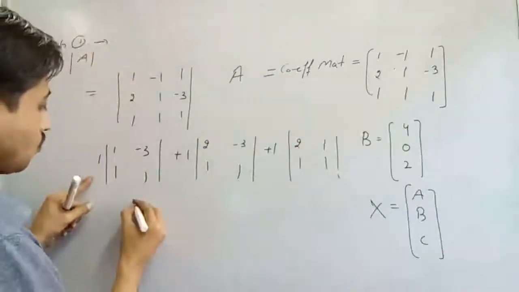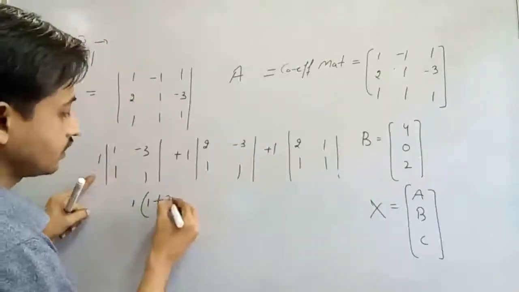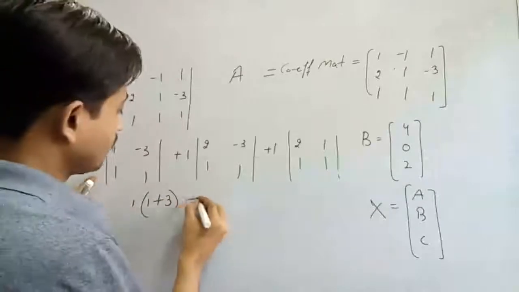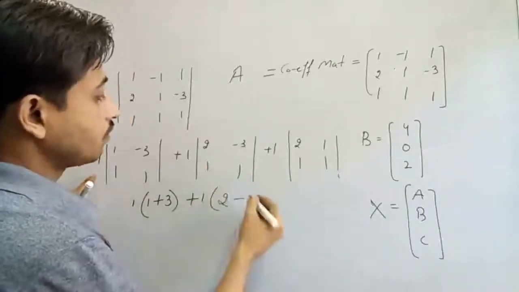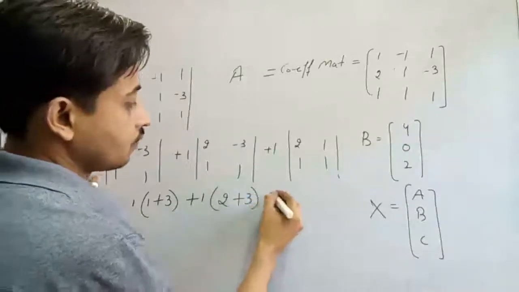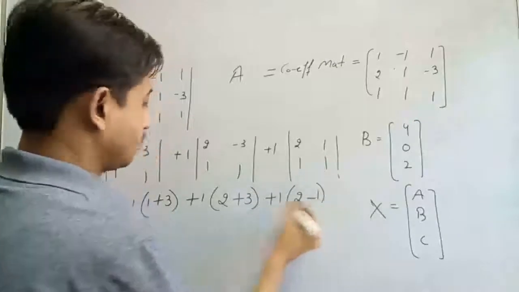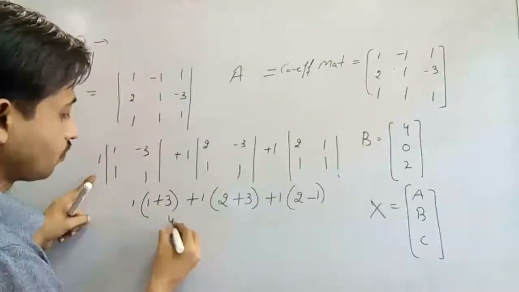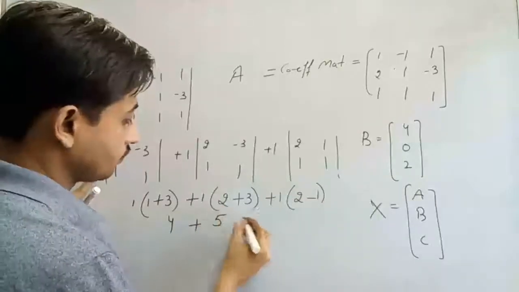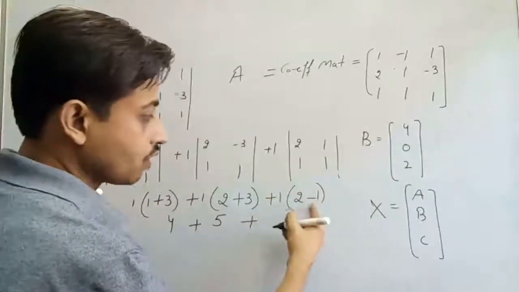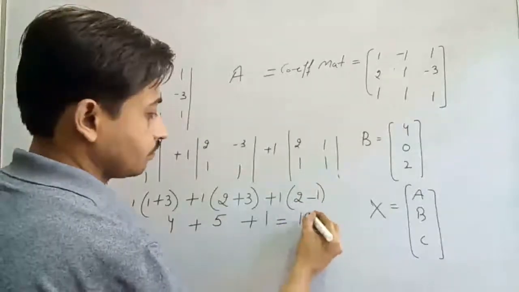Now solving: 1 into (1 plus 3) is 4, plus 2 into (1 plus 3) is 5, plus 2 minus 1 is 1. So 4 plus 5 plus 1, we get 10.